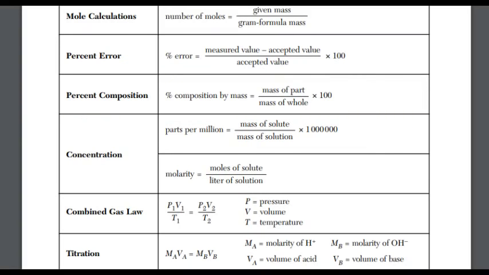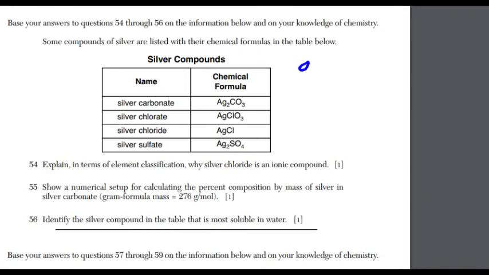Okay, so for 55, I'm just going to put it up here. Percent is equal to, the part is the mass of the silver. Now be careful, silver carbonate, here's the formula. I'm sure there's tons of kids that just put in the gram formula mass for silver, but did not multiply it by 2. But that's exactly what you have to do.